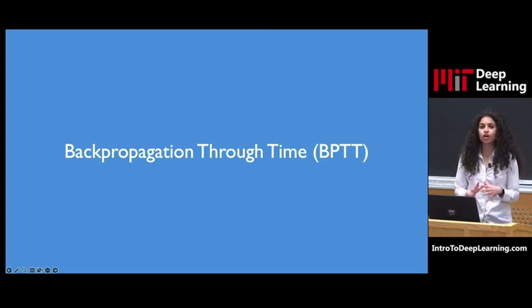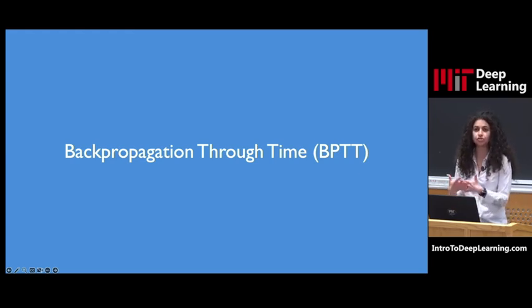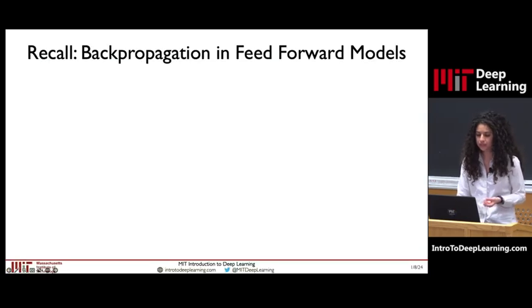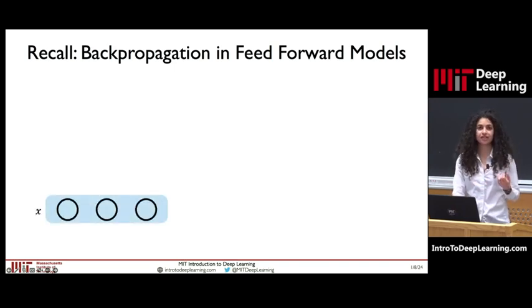Okay. So that gives us RNNs, how they work, where we are at with these sequence modeling problems. Now we're going to dive in a little bit to how we actually train the RNN using that same algorithm of backpropagation that Alexander introduced. If you recall, in a standard feed-forward network, the operation is as follows.